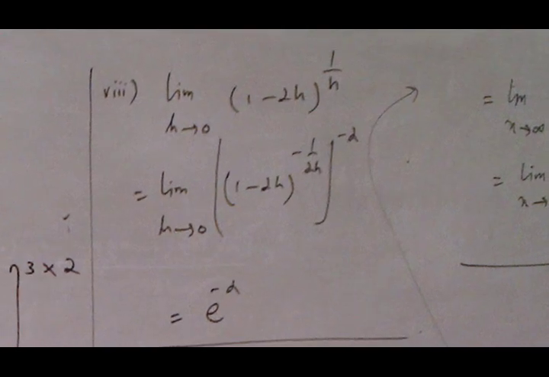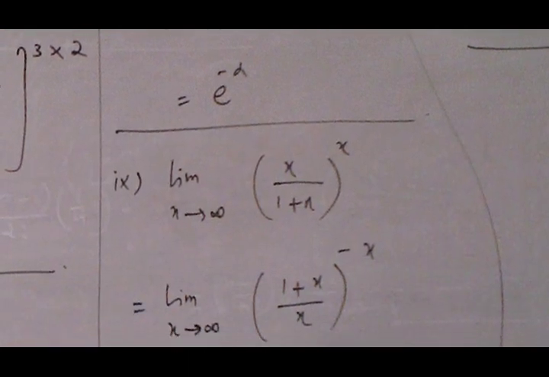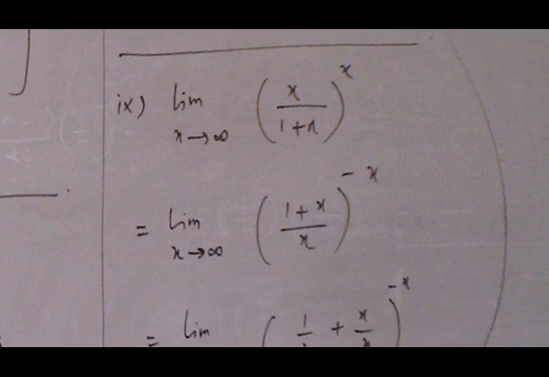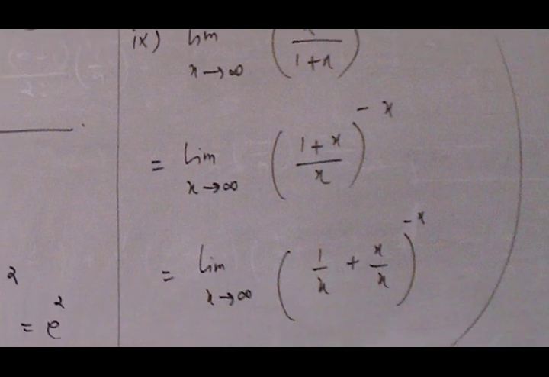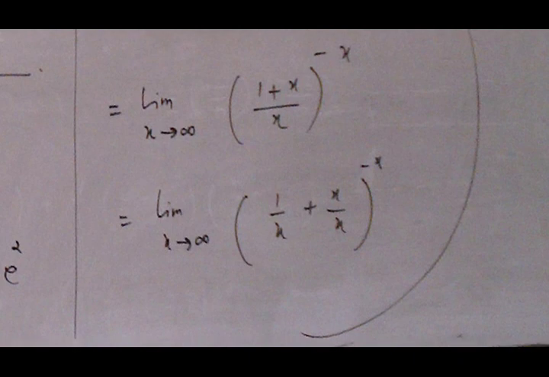Now here we have a negative value, we multiply and divide by -2, and in this question we take the reciprocal of the whole term and the power becomes negative, and then we separate the denominator value.